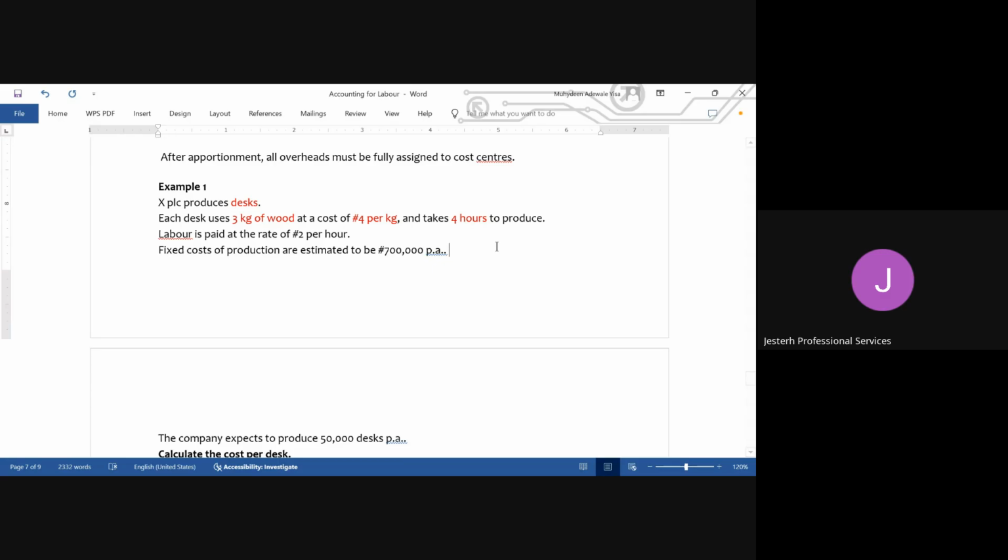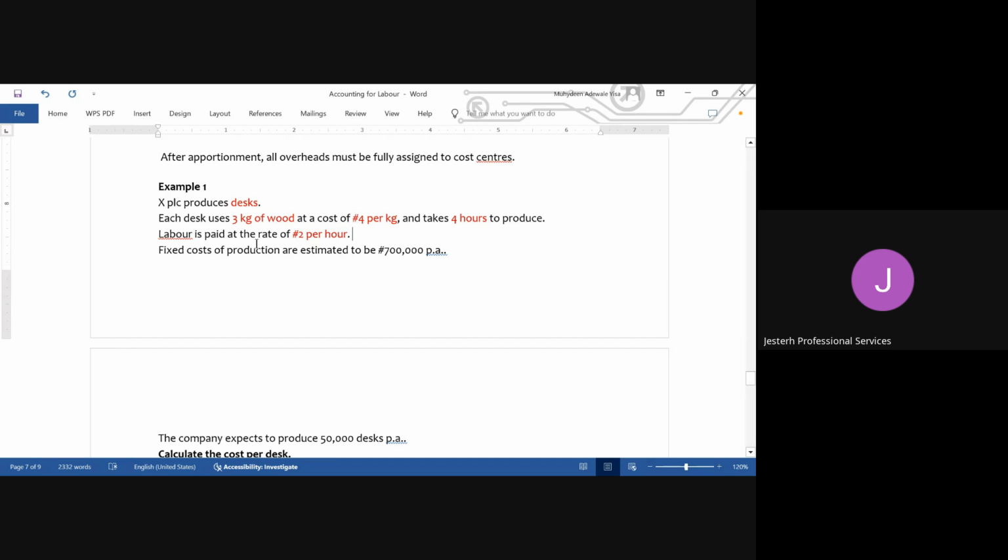And the labor involved is paid at the rate of 2 naira per hour. For every hour, they will be paid 2 naira.